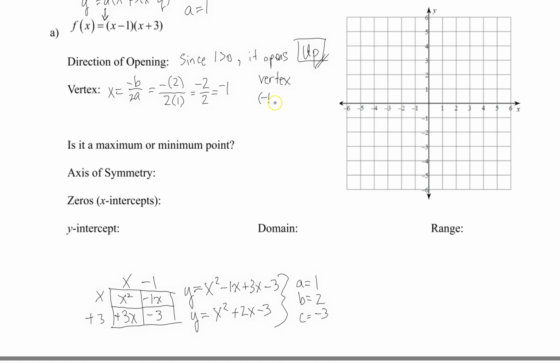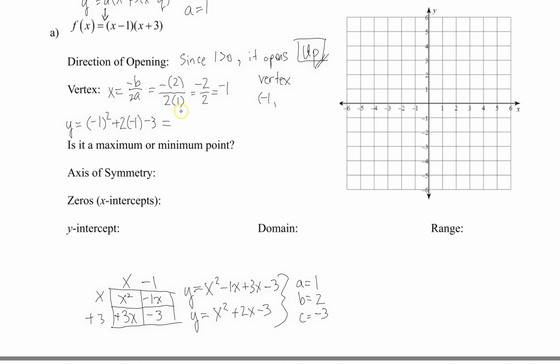Now that's the x-coordinate. We need to find the y-coordinate still. For that, we're going to use the standard form that we just found, and we're going to put in y equals negative 1 squared plus 2x, that's plus 2, and x is negative 1, minus 3.